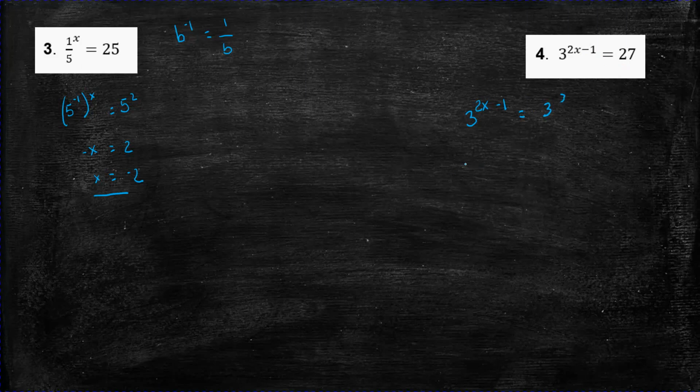So 2x minus 1 equals 3. Let's add 1. 2x equals 4. x equals 2.